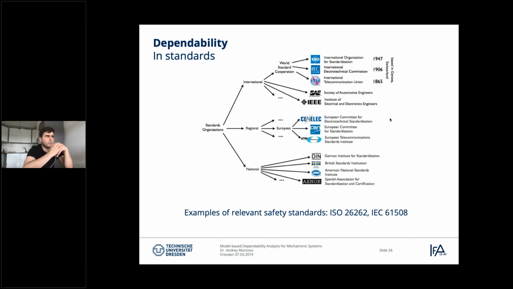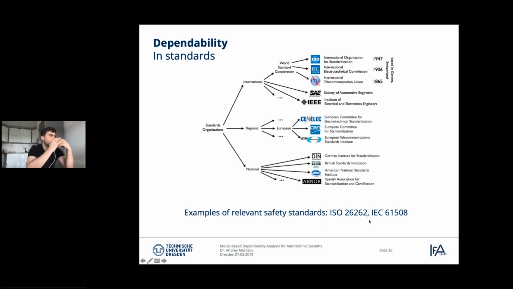This is an automotive standard. So for example, if you want to develop some controller and sell it to BMW, your controller needs to be certified according to the standard ISO 26262. Otherwise, BMW will not use it on board.